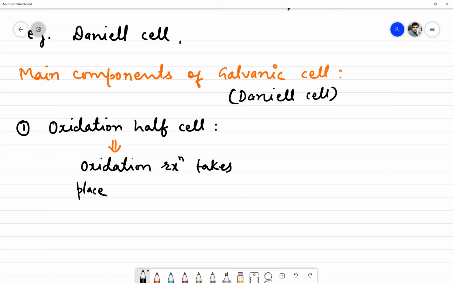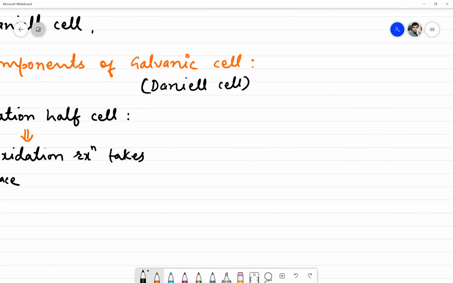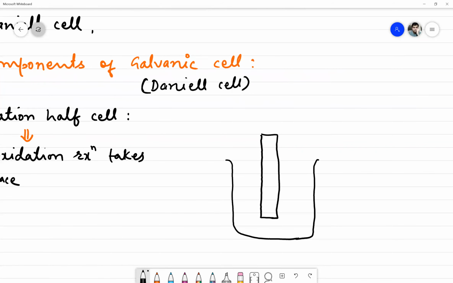In the Daniell cell, the oxidation half cell is constructed by dipping a zinc rod in a zinc sulfate solution.